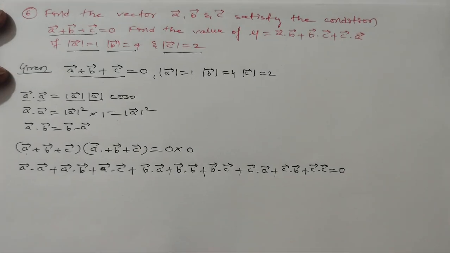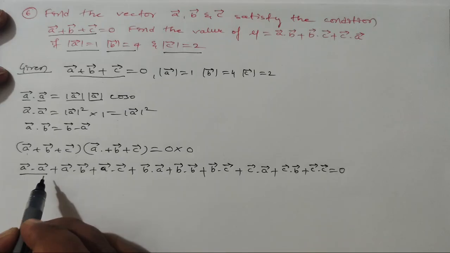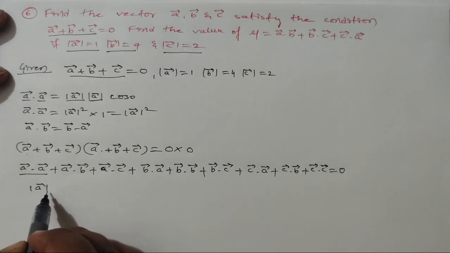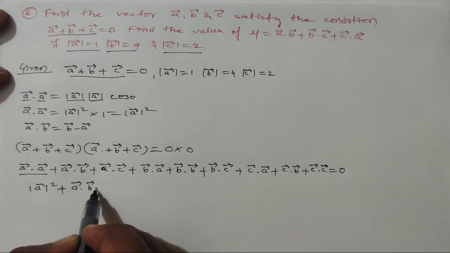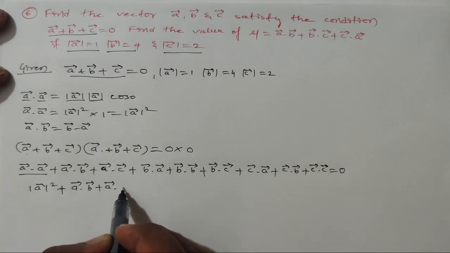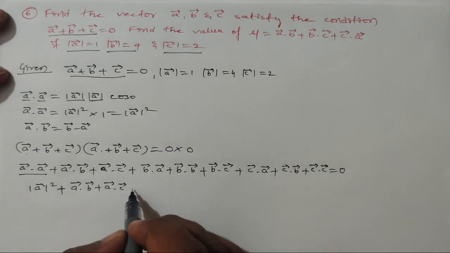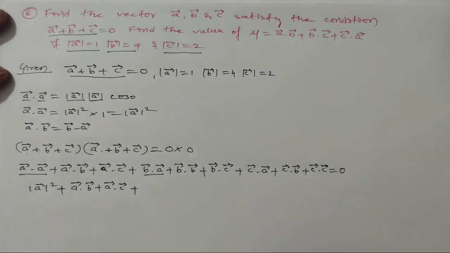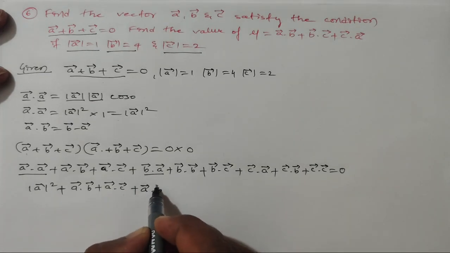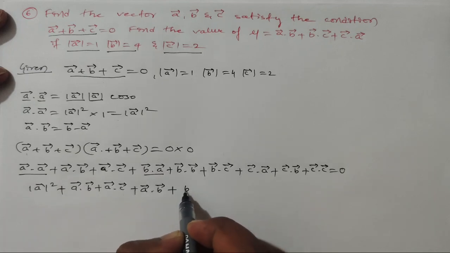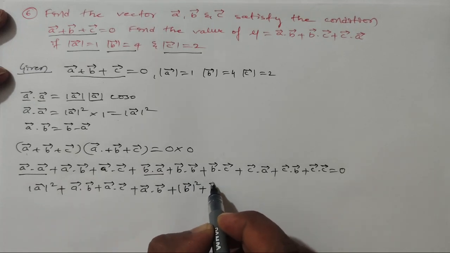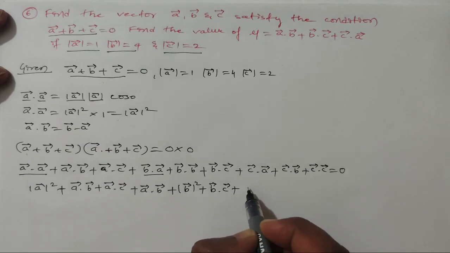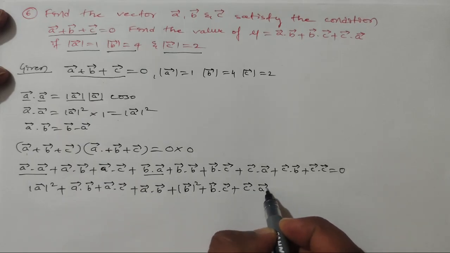Okay, right. So next, you already know a vector dot a vector is equal to magnitude of a square. Okay, next a vector dot b vector, a vector dot c vector. Okay, so plus, can I write b vector dot a vector is equal to a vector dot b vector, plus b vector dot b vector means what? Magnitude of b square. b vector dot c vector, c vector dot a vector.